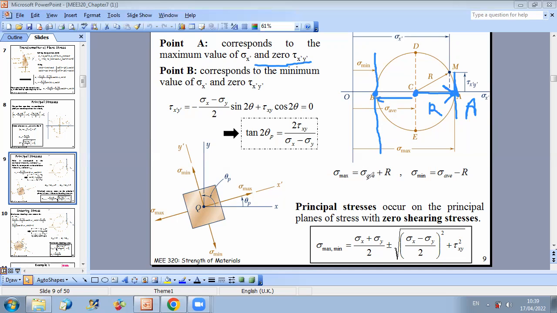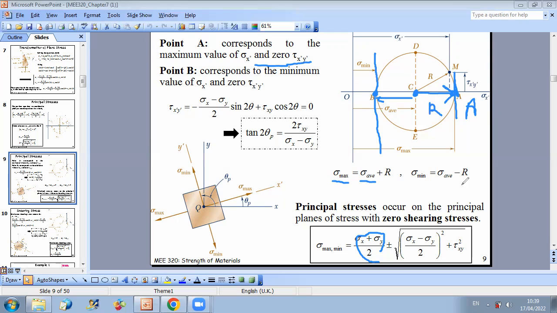So knowing the value of the average, which is sigma x plus sigma y over 2, we can deduce the maximum possible stress that we can reach by considering a certain other plane than xy.